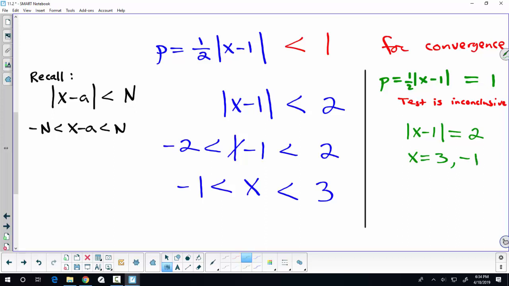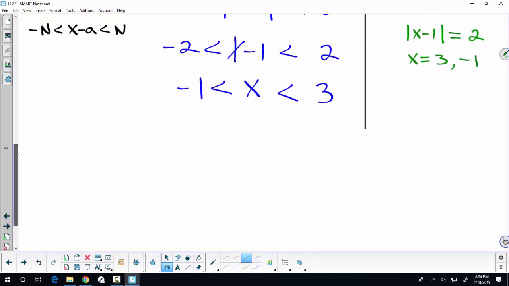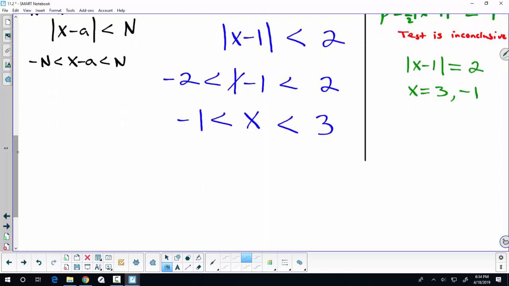So for our ratio test or root test, either one, when x is 3 and x is negative 1, it doesn't tell us anything, meaning it could converge or diverge at those two values. Notice those are the two endpoints we got here, which is why we made the note on the previous page. When you use the root or the ratio test, you always have to check your endpoints for convergence or divergence.